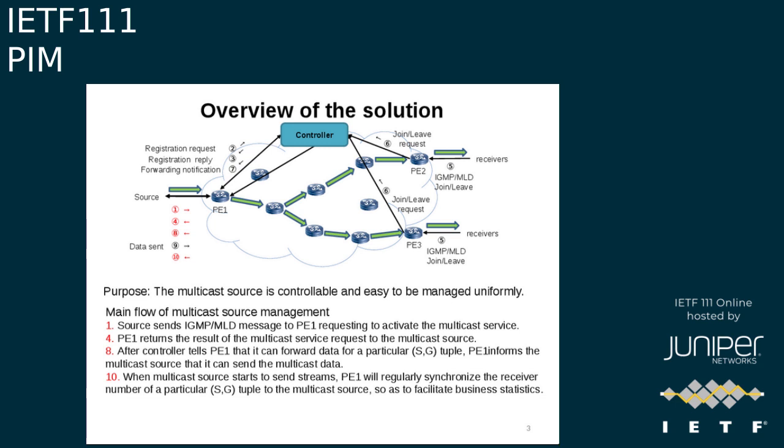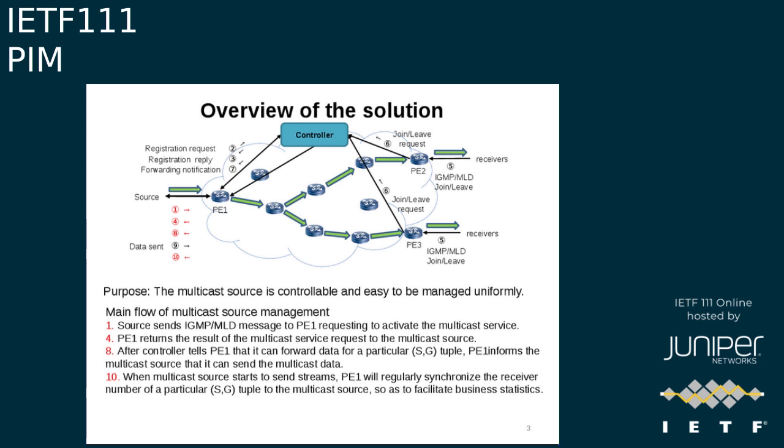Step 3, the controller feeds back the authentication results. Step 4, the ingress router sends the authentication result to the source with a newly defined multicast source registration message. If the authentication succeeds, the multicast source waits for the router to notify it to send data.